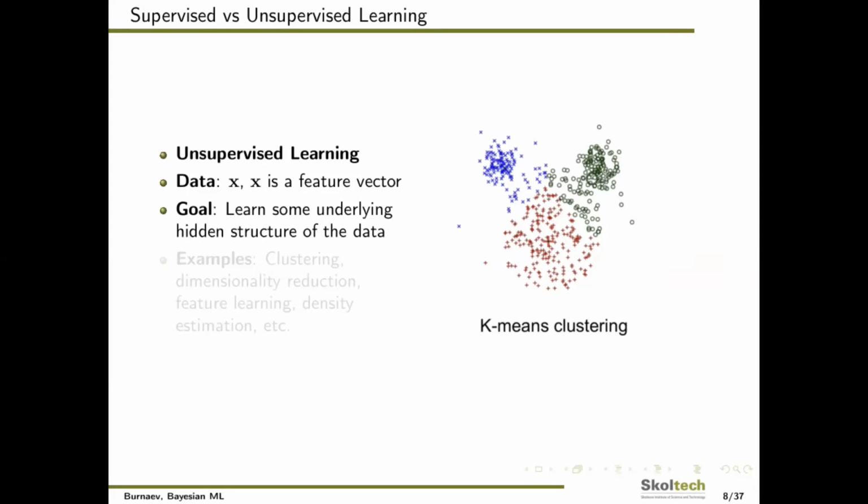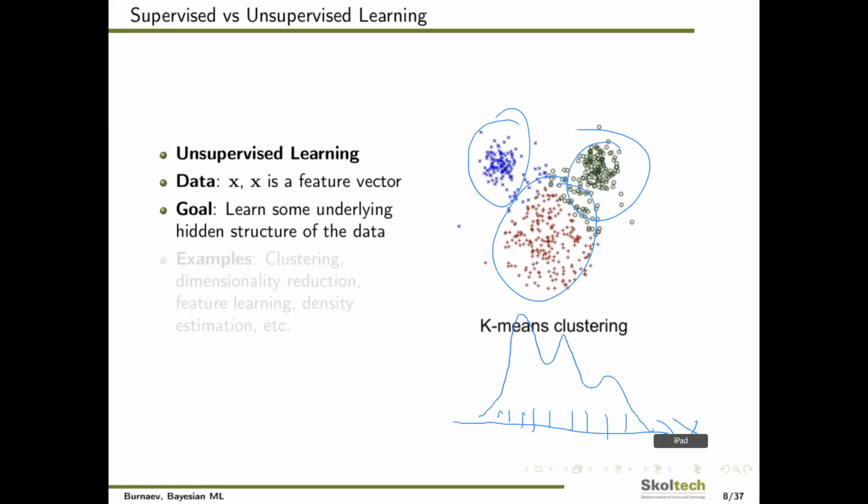In the case of clustering, basically we are trying to find, for example, three different clusters and some density related to each cluster. In a one-dimensional setting, we have some observations for our feature x, and we want to recover our distribution that we can later use for different purposes.